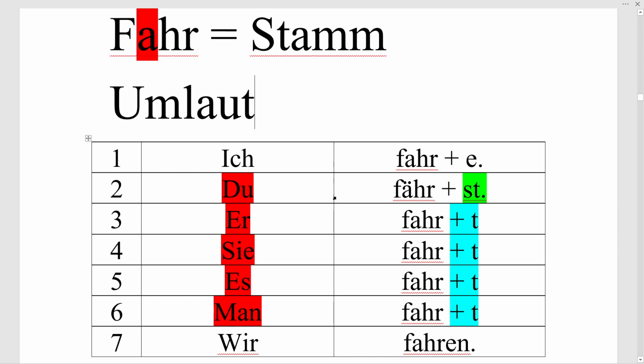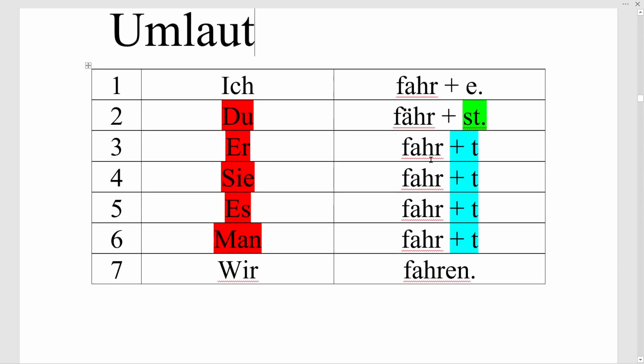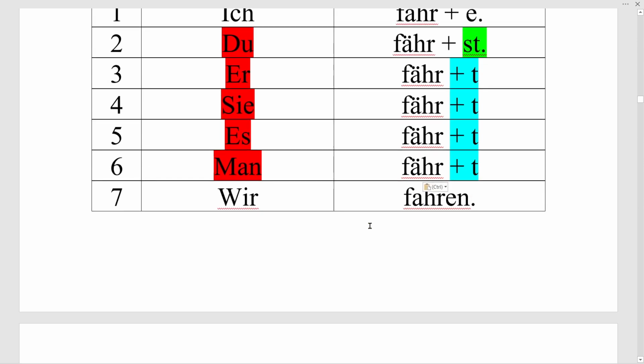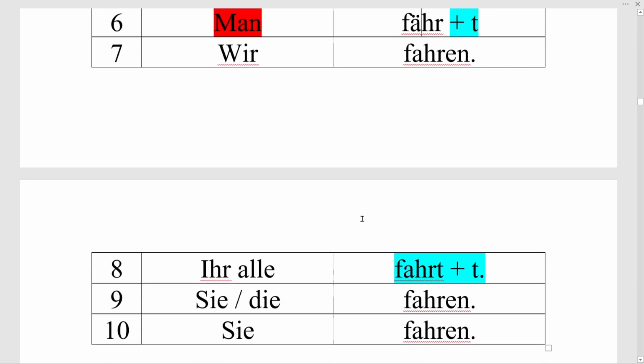So du fährst means you drive. Er fährt, the same thing, means he drives. Sie fährt means she drives. Es fährt means it drives. And man fährt means one drives, or a generic you drives. Wir fahren, we drive.